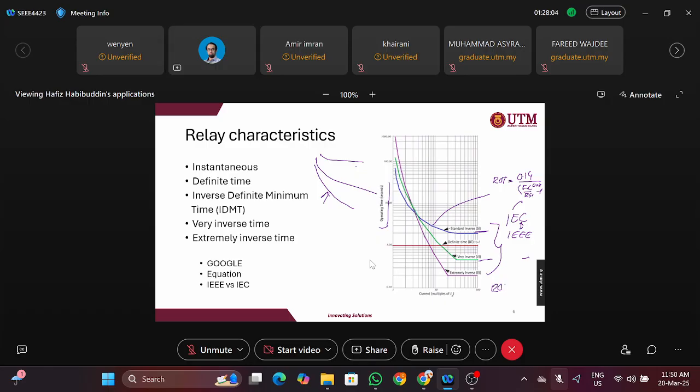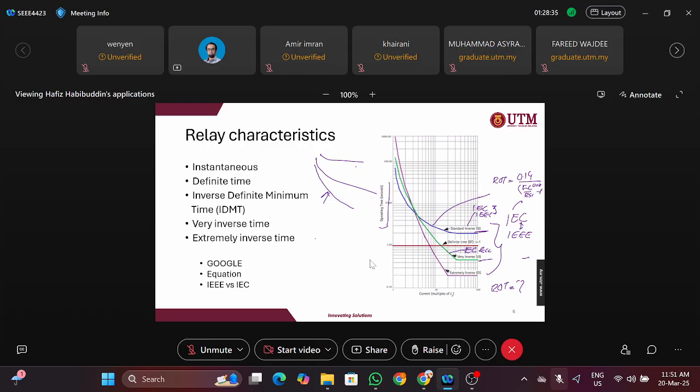ROT is equal to something. But IEC and IEEE will have similar, they're very close if you're talking about standard inverse. The same goes for very inverse, IEC and IEEE will be very close. Okay, so that is inverse relay.